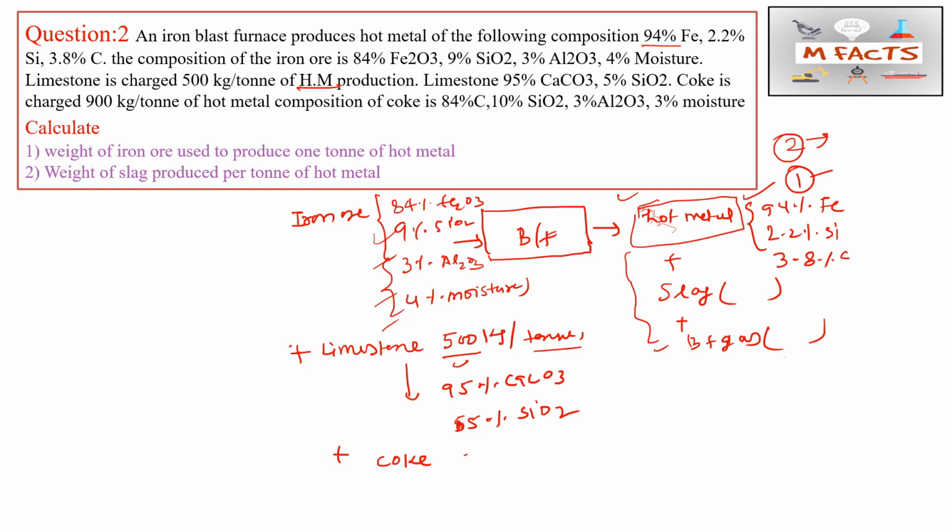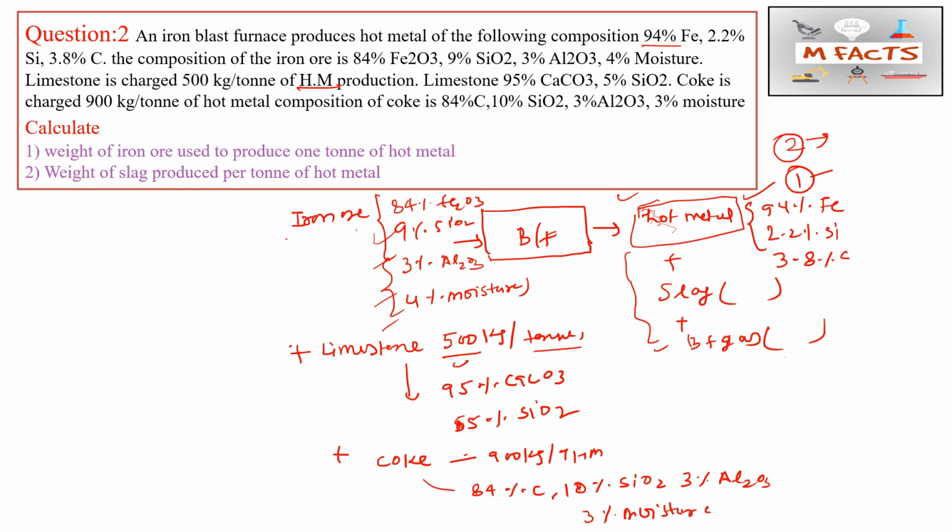So coke is 900 kg per ton, so we can write THM, ton of hot metal. This coke contains 84% of carbon, 10% of SiO2, 3% of Al2O3, and 3% of moisture.